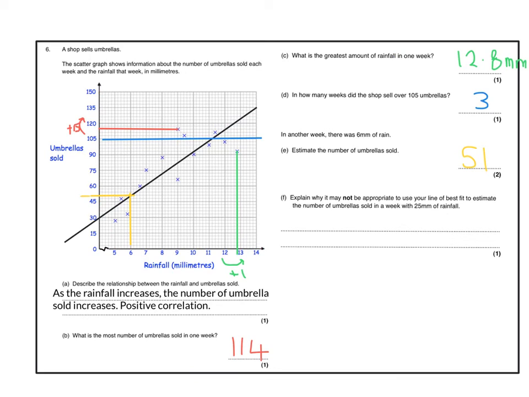Okay. Explain why it may not be appropriate to use your line of best fit to estimate the number of umbrellas sold in a week with 25 millimetres of rainfall. If you have a look at this graph, we only have data up to this point, which is just under 13 millimetres. So this is what we call extrapolation.